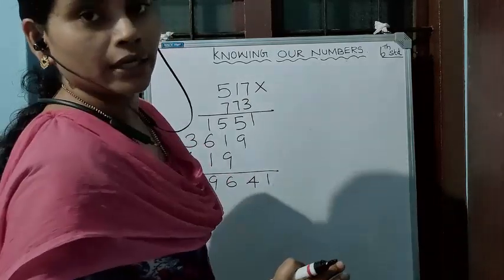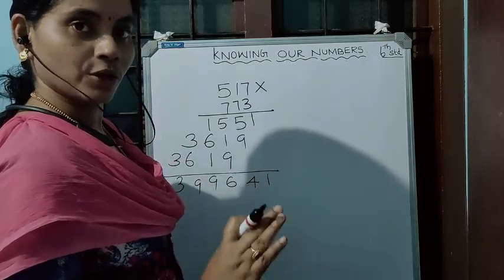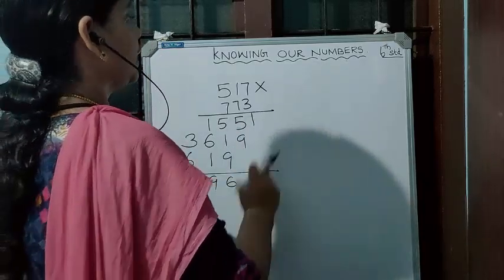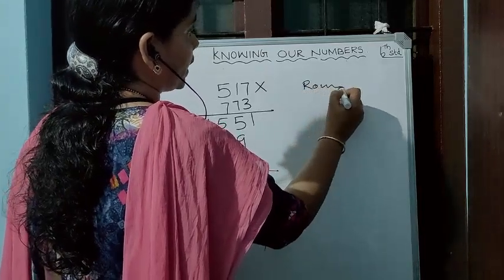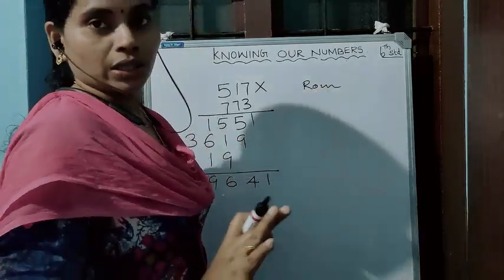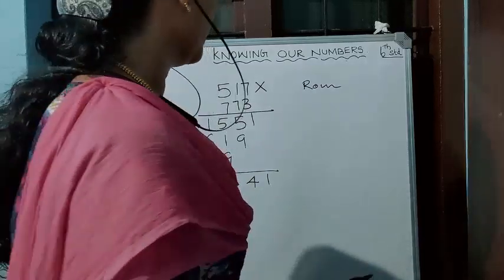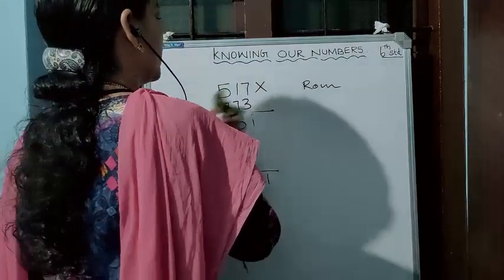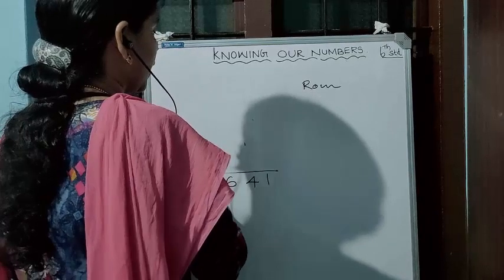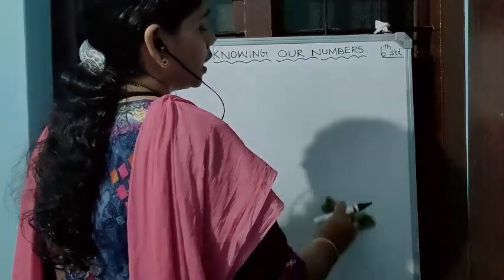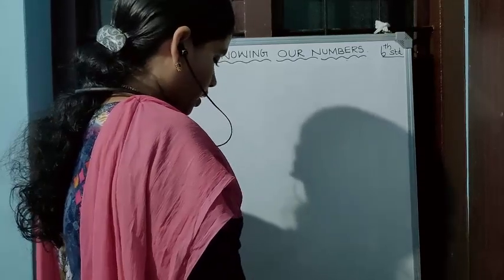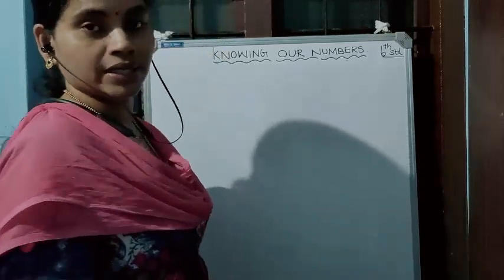The first one is the estimated calculation, and here is the difference. In this case, it is not given to round off to tens, hundreds or thousands. If they are given rounded off to tens, hundreds, at that time you have to follow that method. If it is tens, you check the ones digit number.